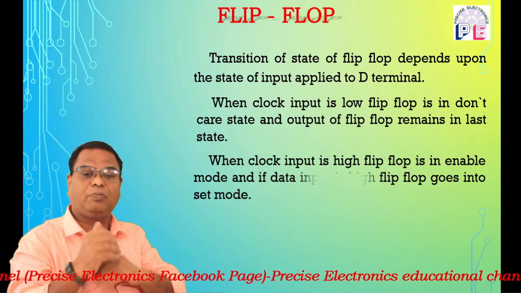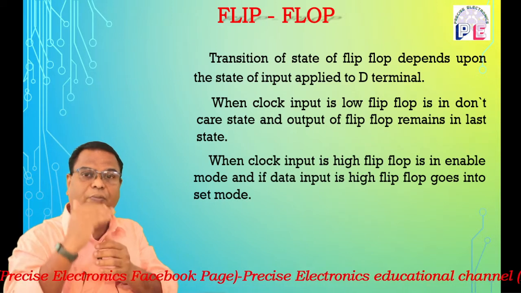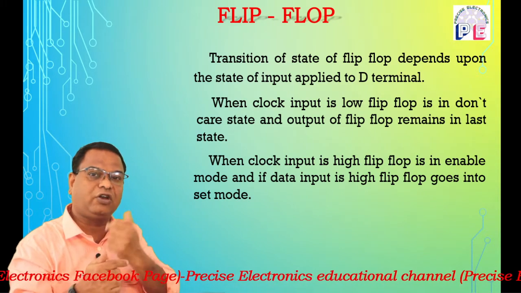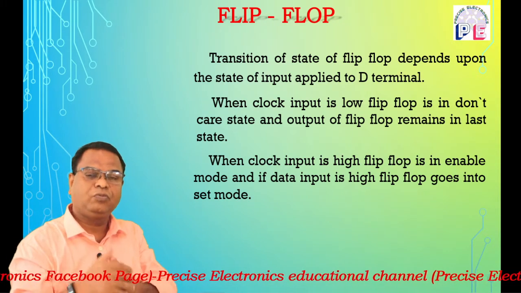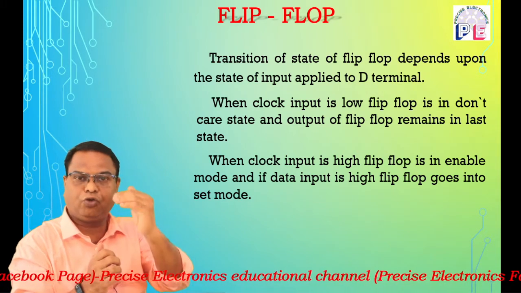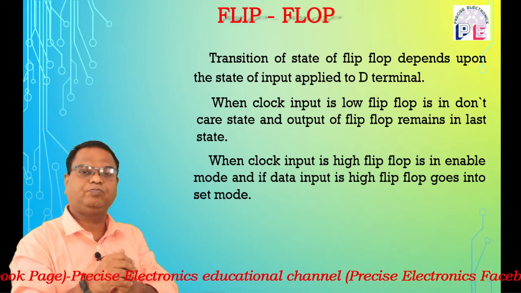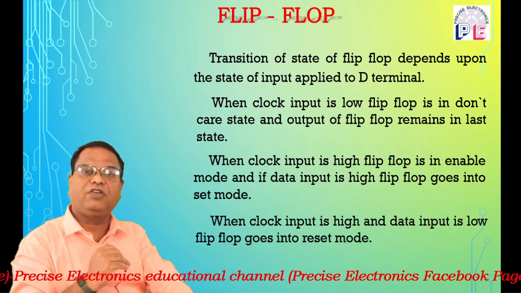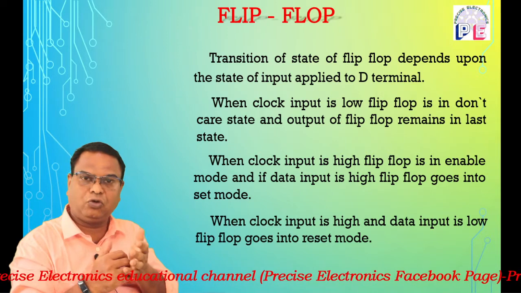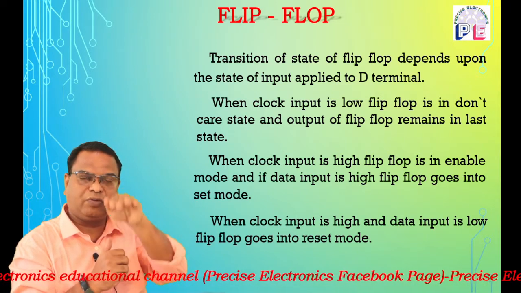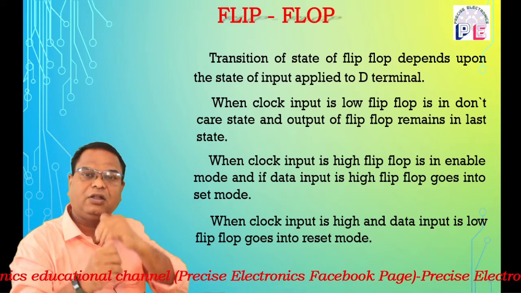When the clock pulse is high, the flip-flop is in enable mode, and as per the data input, the flip-flop is in set mode or reset mode. Suppose the data input is high, the flip-flop is in set mode, so the outputs are Q equal to 1, Q complement is 0. When the clock pulse is high and the data input is low, the flip-flop is in reset mode, and the output goes to Q equal to 0, Q becomes low, while Q complement is high.